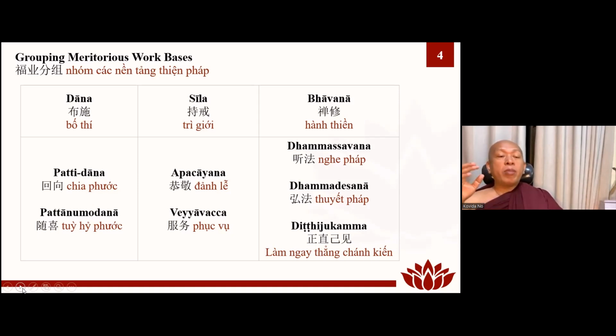There is something prohibited by the Buddha, don't do, for example, like temporary steps. The Buddha says, don't do it. This is called Varitta sila. So here, sila, morality, apacayana, respect or reverence, and veyyavacca, service or volunteer work, are under the name of sila.